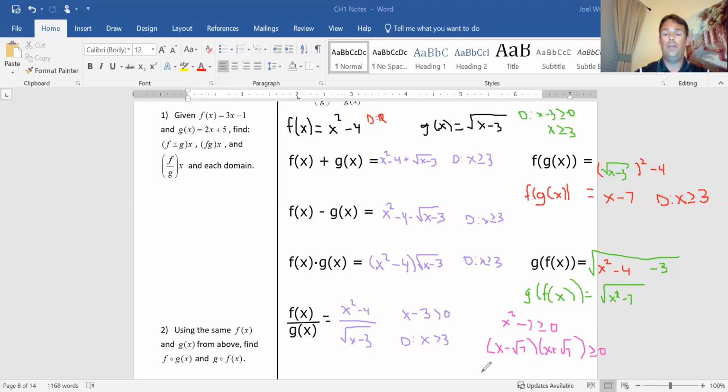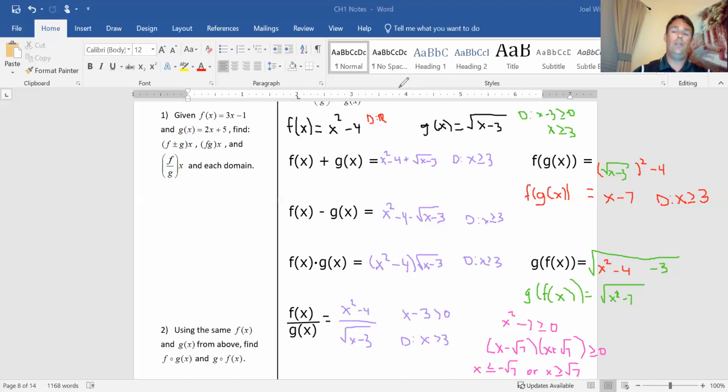And my domain then is going to be x has to be less than or equal to negative root 7, or x has to be greater than or equal to root 7. So I did my quadratic inequality.